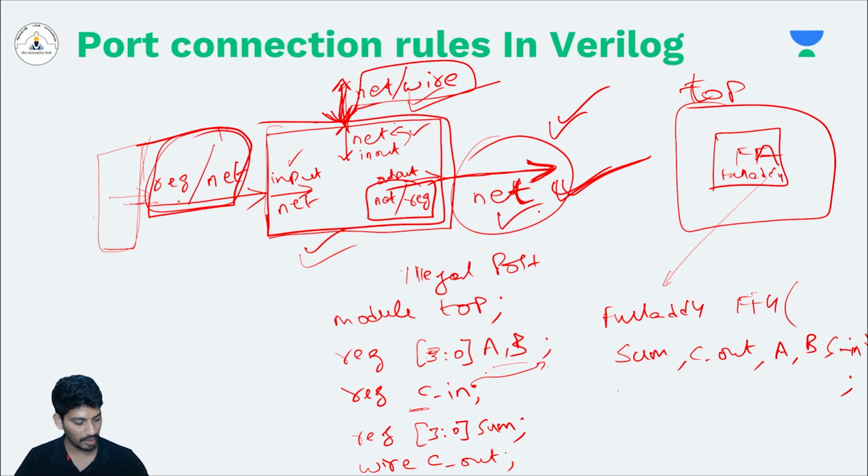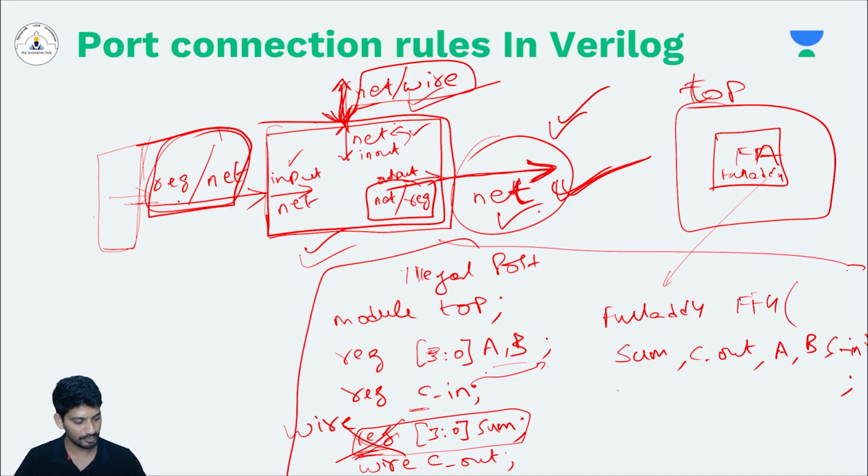Why? Because you can see I have defined sum as a register, which is wrong. It needs to be a wire. Why? Because you cannot have an output port as a register in a top module. It should be a wire, right? This thing is very, very important.